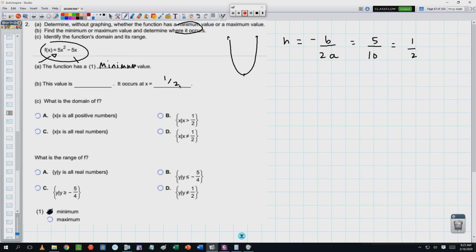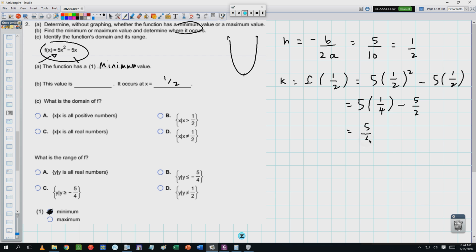Now what the value will be is your k value, which is what you get when you plug the 1/2 back into the function. So it'll be 5 times 1/2 squared minus 5 times a half. 1/2 squared is a quarter. We could do the fractions. This will be 5/4.